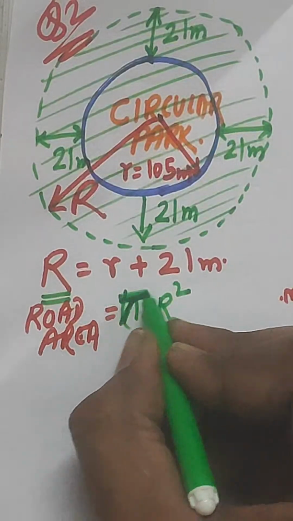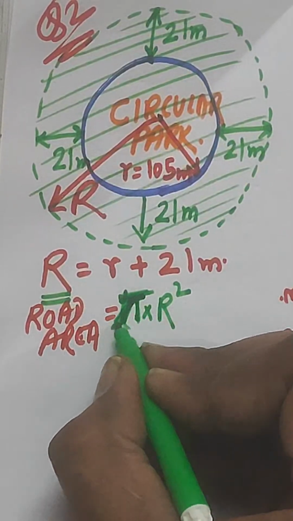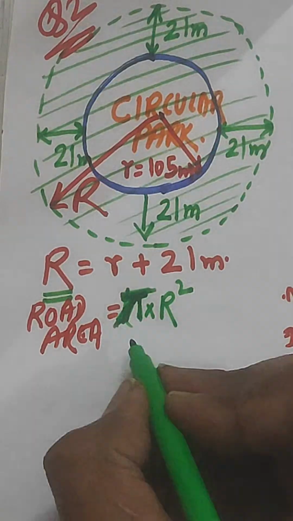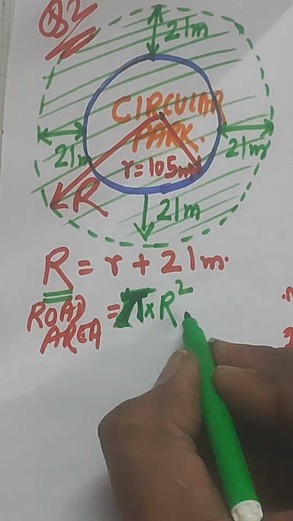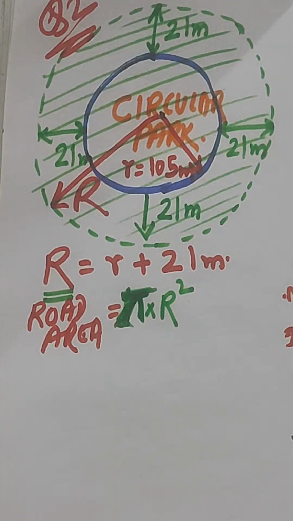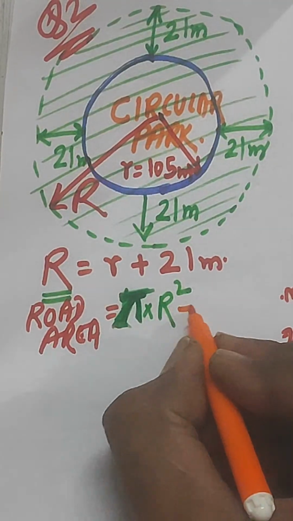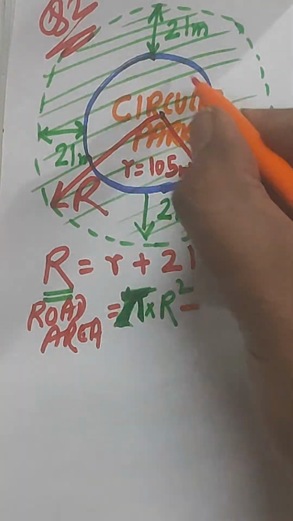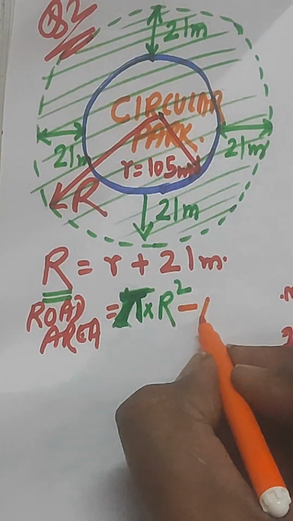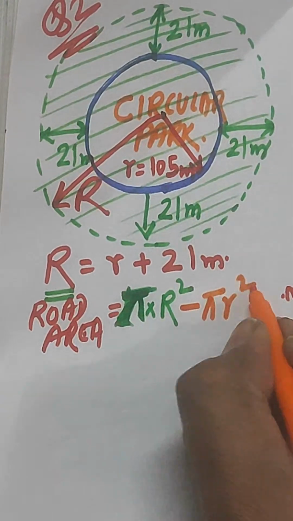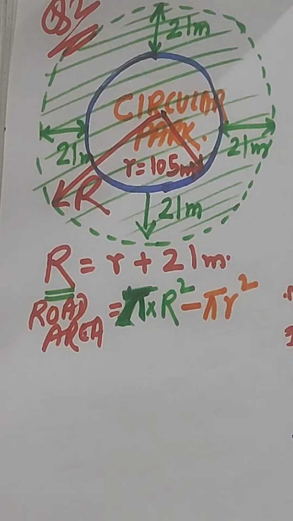Pi into capital R whole square minus, this will be subtracted with the area of the circular park. The area of the circular park will be pi into small r square, right?